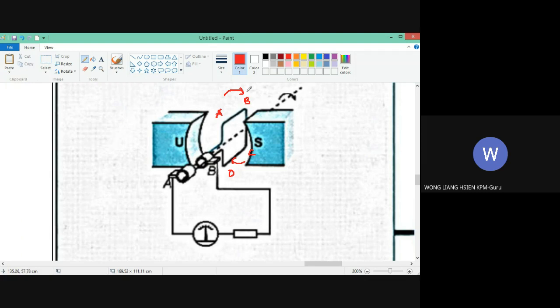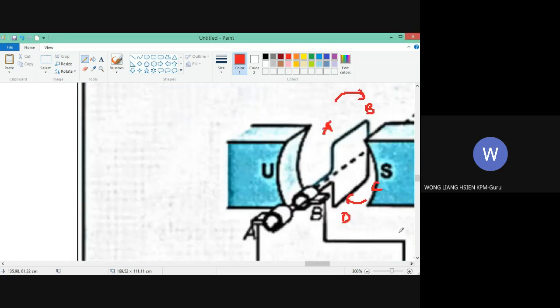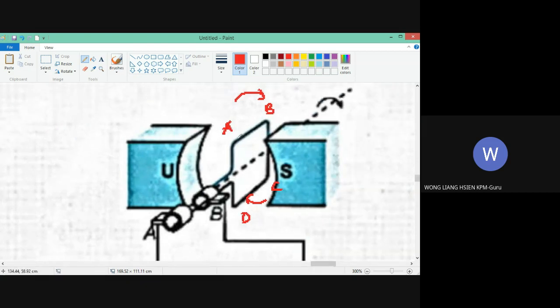Okay, you see here, maybe not very clear, let me make it bigger a bit. This AB side is connected to the B slip ring.